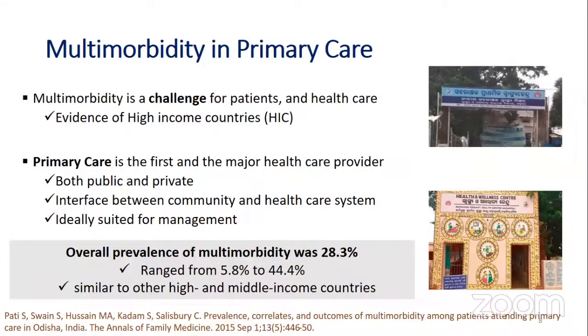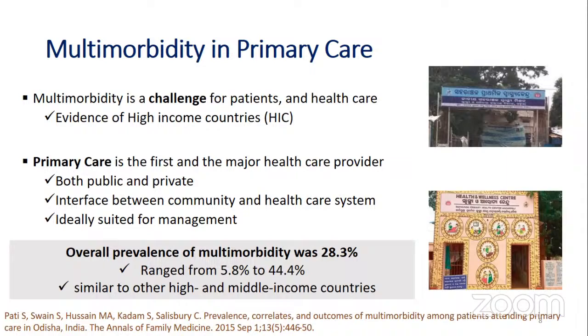So the multimorbidity term is very important at the primary care level, while comorbidity is important at the tertiary care or specialist level, where, for example, a person has diabetes, he goes to the diabetologist or some specialist doctor, and then with respect to diabetes, he develops other conditions, and that could be taken care of.